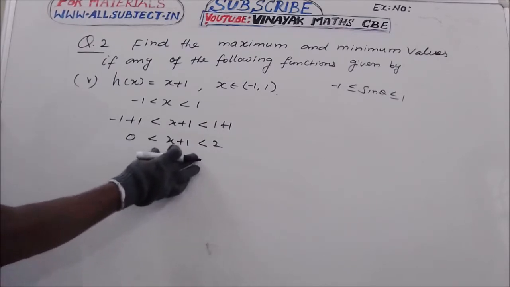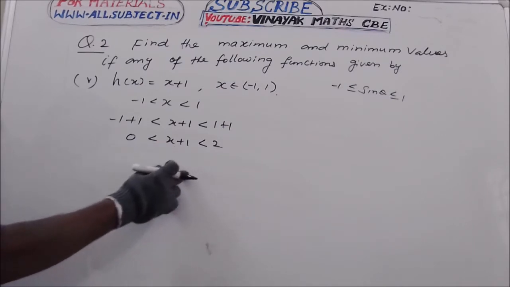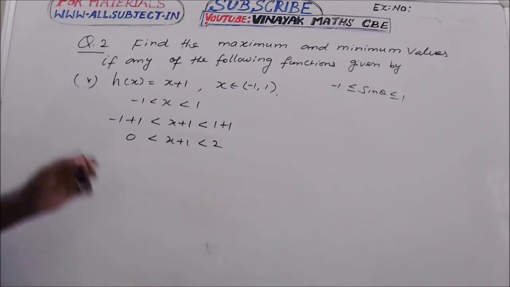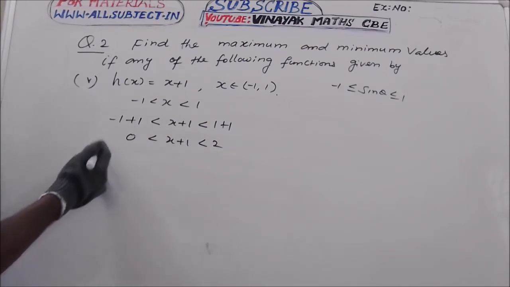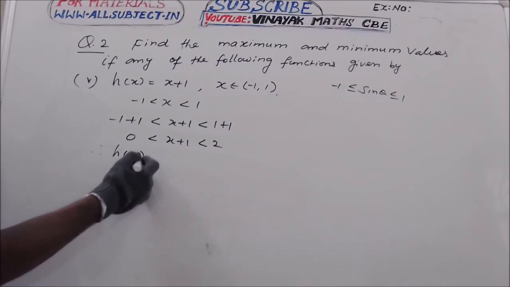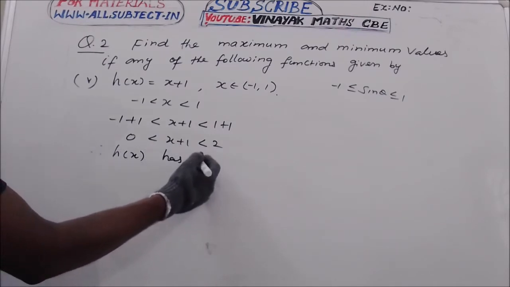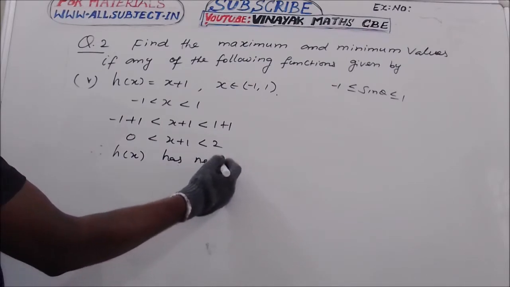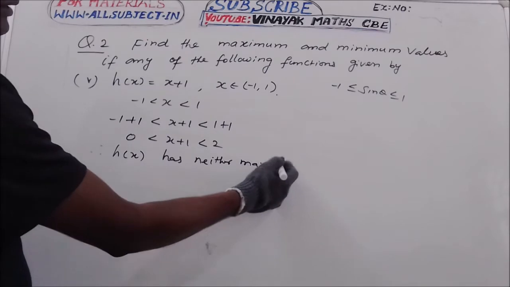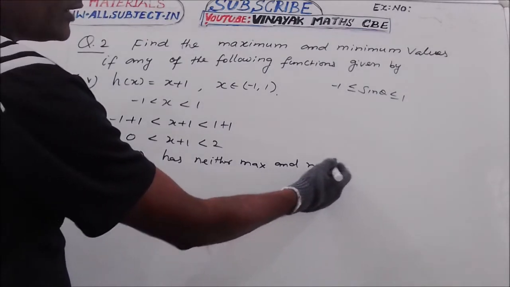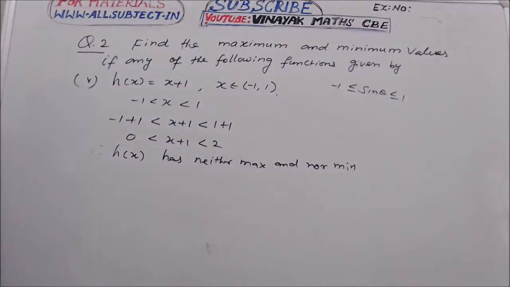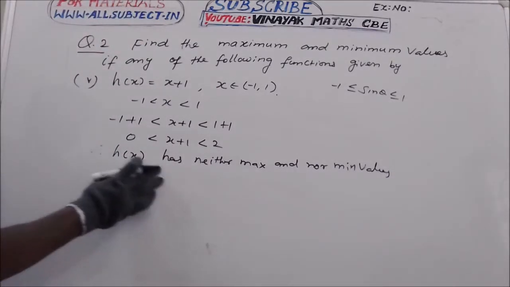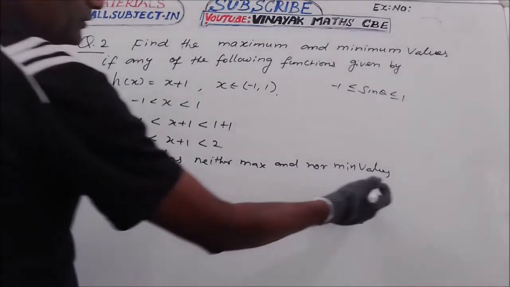We cannot say that the function attains a particular value as maximum or minimum. Therefore, h of x has neither maximum nor minimum values. That's all.